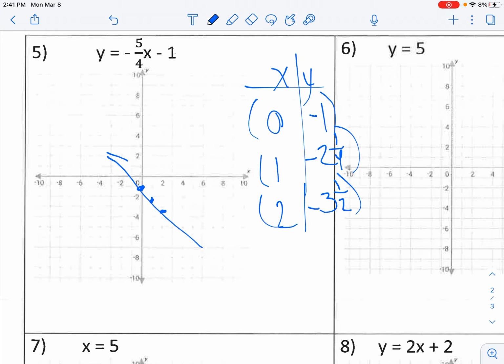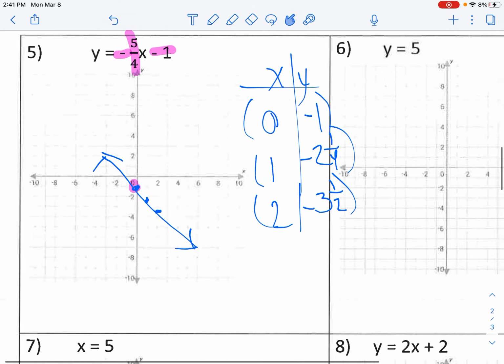So this clearly, visually, has a negative slope, and we knew it had a negative slope because m was equal to -5/4, and your y-intercept was -1, and that is exactly where your line hit your y-axis.